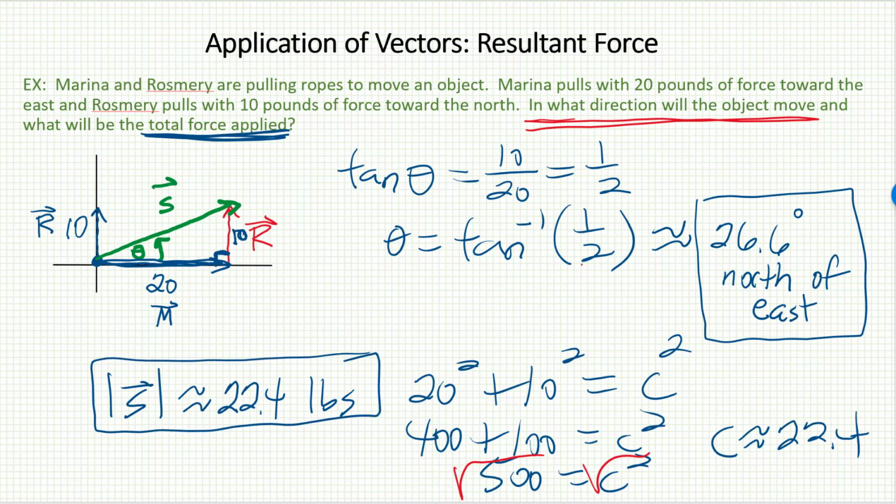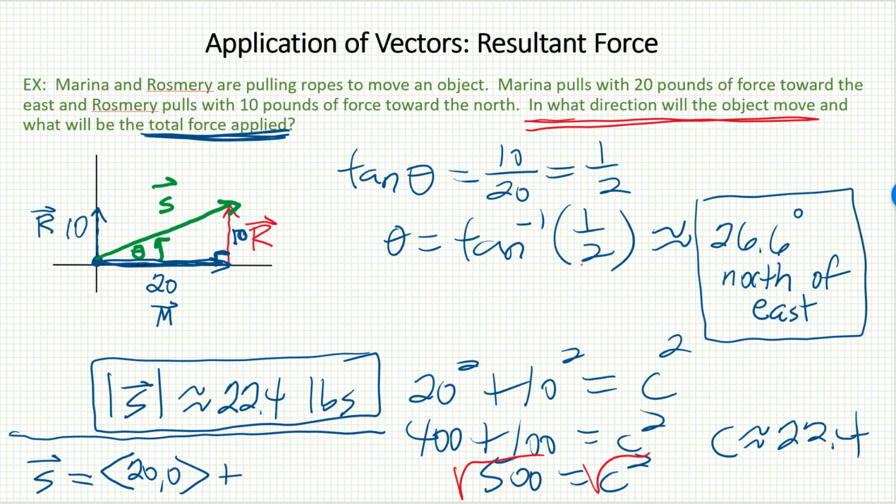Now, one last question. What if I wanted to write down a component form for vector S? I actually wanted to have a name for vector S. Well, vector S is vector M plus vector R. I can see that vector M is the vector 20, 0, since it goes over 20 and not up or down.